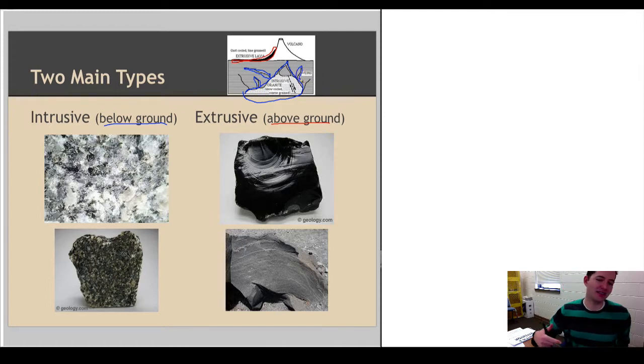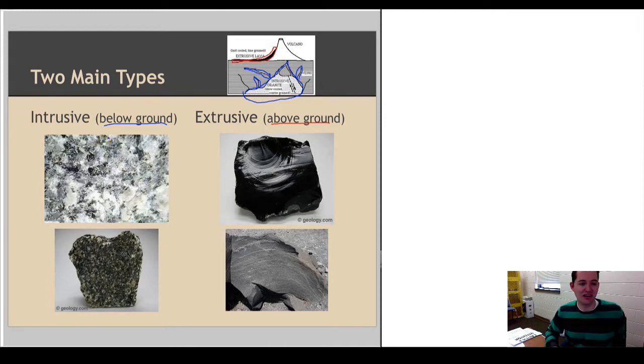We've got several examples. We've got intrusive, which is below ground, which is therefore our magma, which therefore cools slowly and has large crystals. The other example is extrusive lava, which cools quickly. It's above ground. It's got small or no crystals. And these are examples down here.